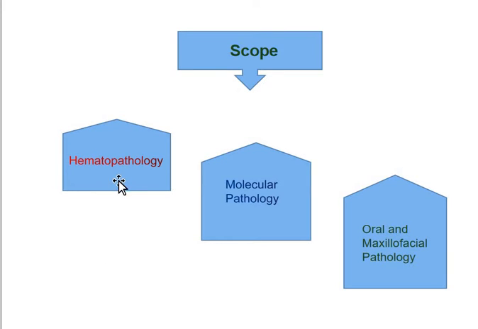So, first come to hematopathology. Hematopathology is the study of diseases of blood cells, including constituents such as white blood cells, red blood cells or platelets, that is RBCs, WBCs and platelets. Here, along with the blood cells, we study the tissues and organs consisting of the hemopoietic system. You know the hemopoietic stem cells, hemopoietic system.